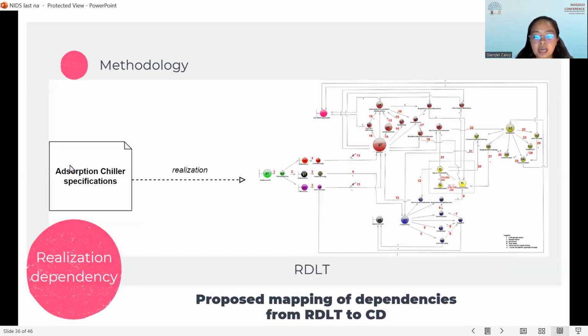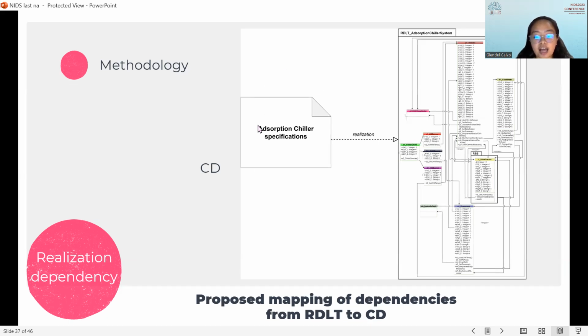And then the specifications of an absorption chiller in this figure is realized into an RDLT representation. While this figure shows a package element in CD to which the RDLT representation of the absorption chiller is mapped.